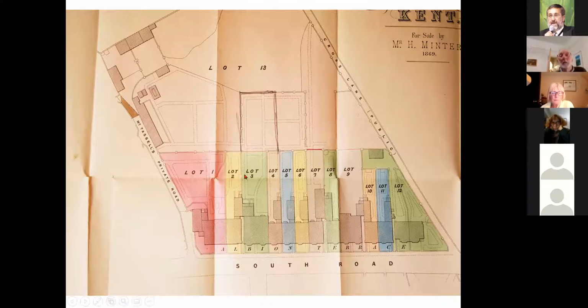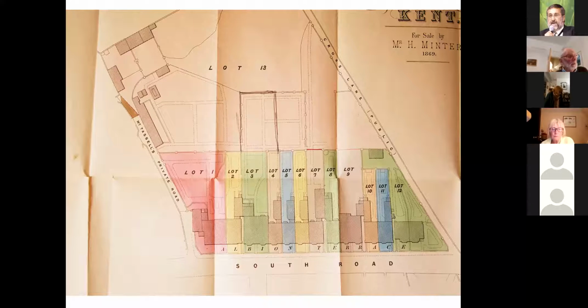This area here was built by the grandfather of, what's his name? By the grandfather, the man Osborne. So he was a barge owner, and he became a developer, but eventually became bankrupt.